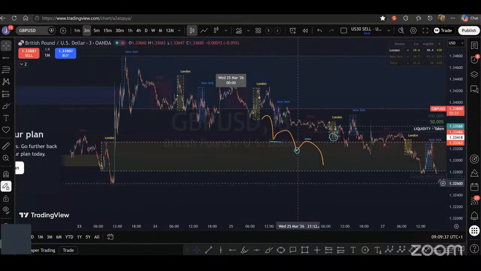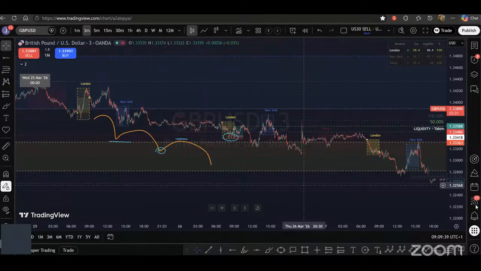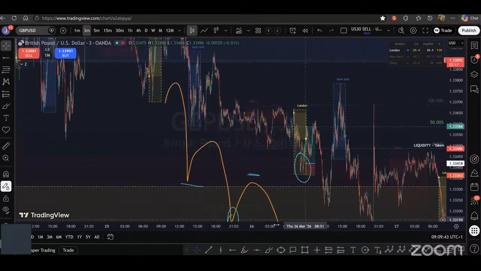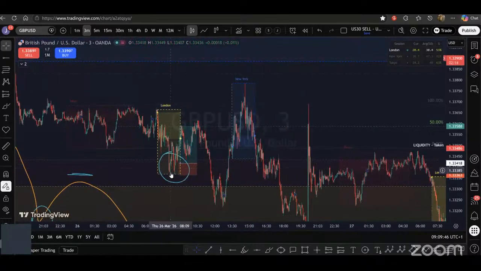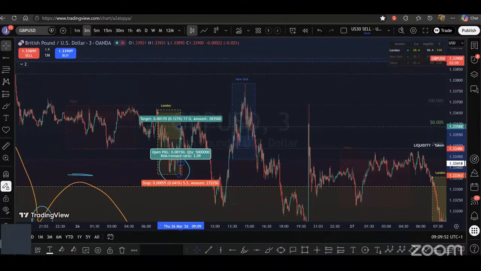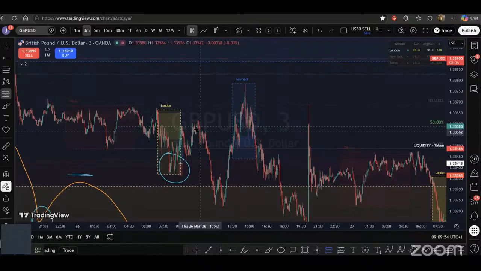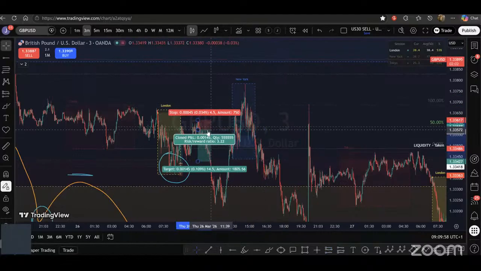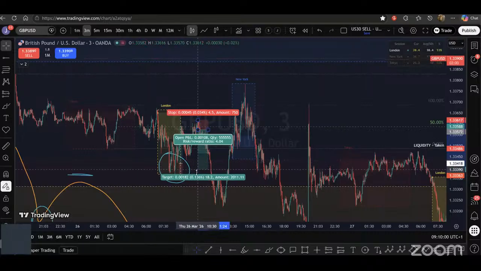All right. So at that point here, when this liquidity has been swept, we're looking for an entry potentially in London session to at least 50%. When we get to 50%, we have the capability to then say we can get in with the trend and trade it to our next level of liquidity, taking London session lows, or where did we go?